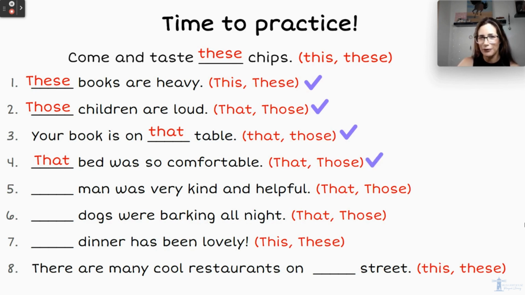Give yourself a tick if you've got it right. That man was very kind and helpful. The next one, blank dogs were barking all night. Those dogs were barking all night, because you have more than one.